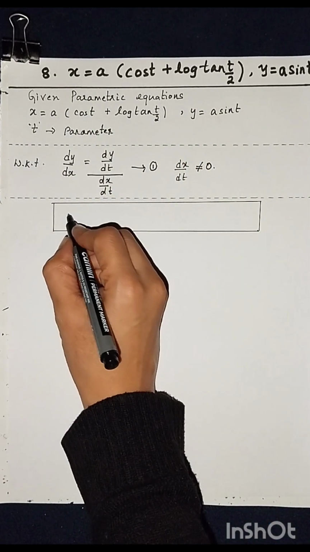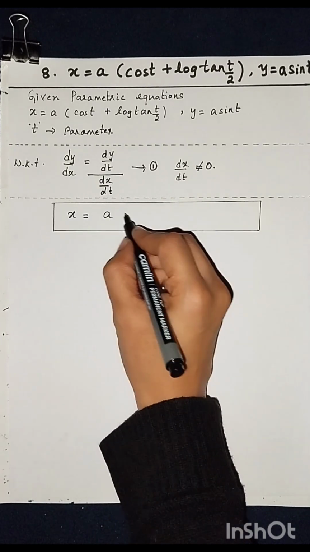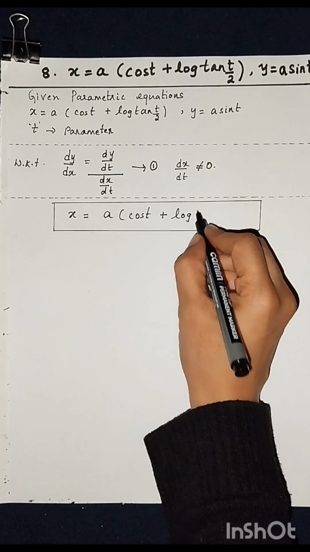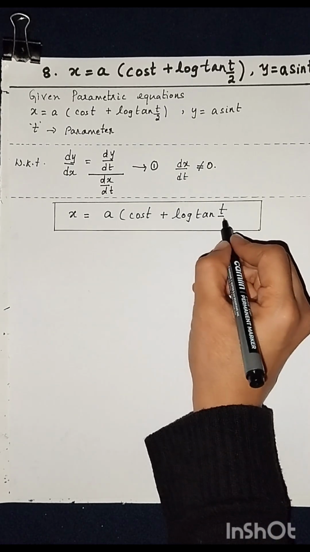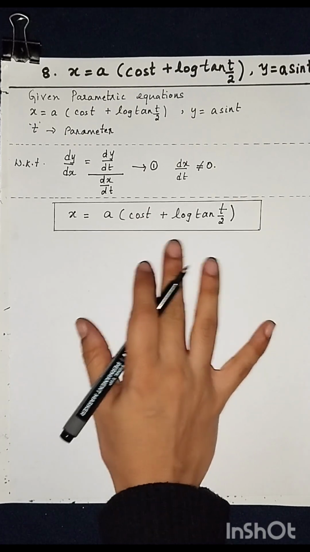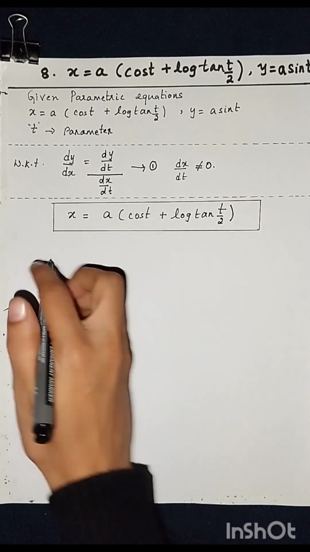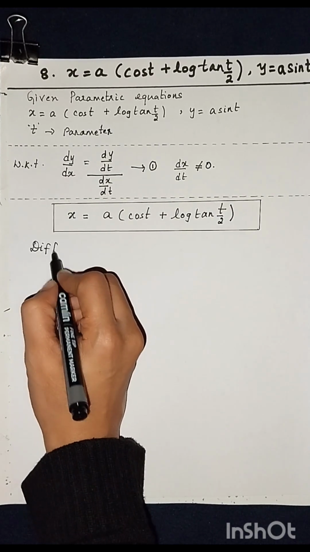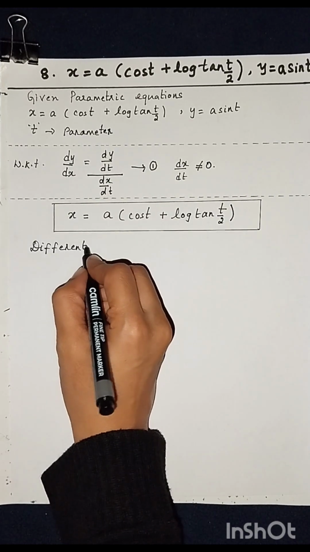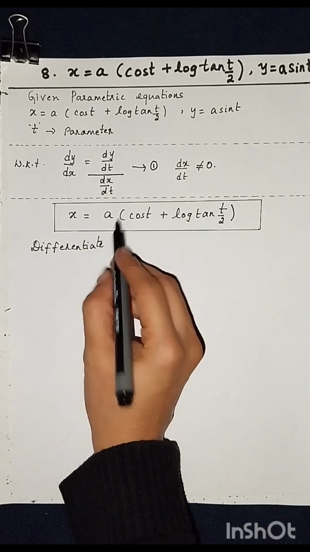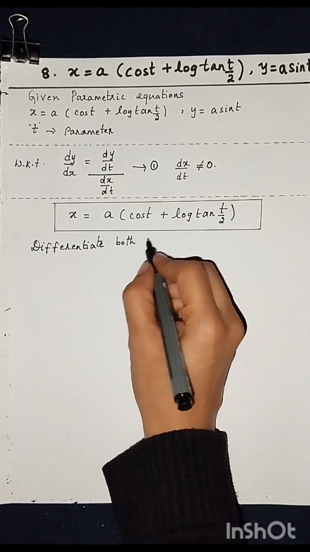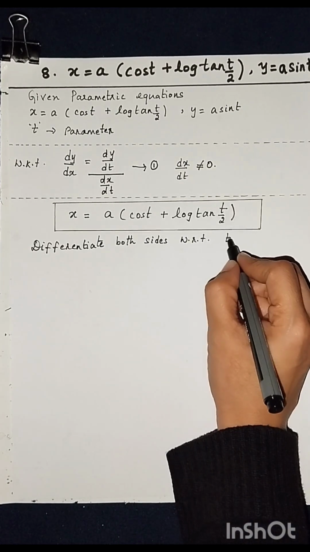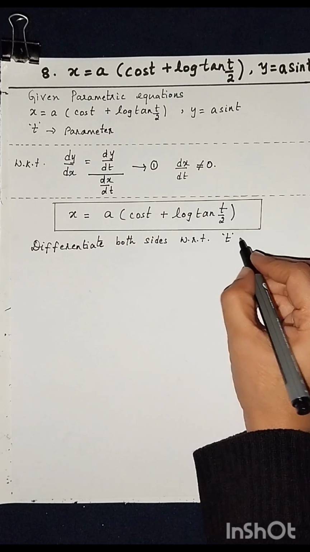So let us first write down x is equal to a into (cos t plus log tan t by 2). We will write each and every step here. We want dx by dt, so we have to differentiate both sides with respect to t, which is the parameter.